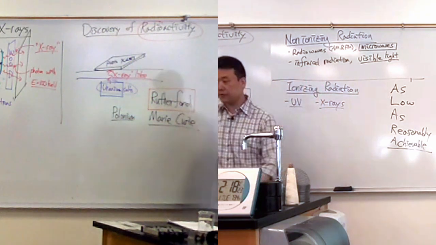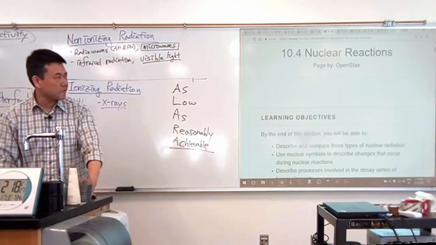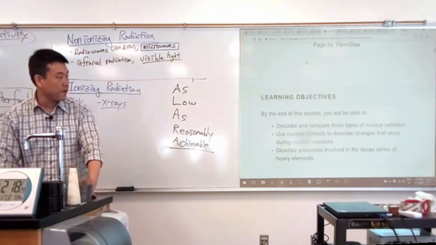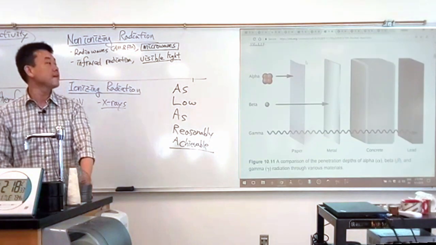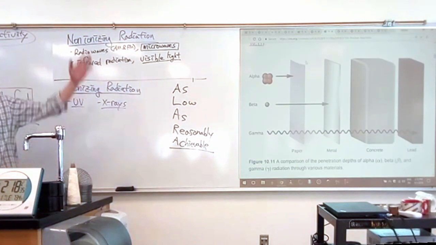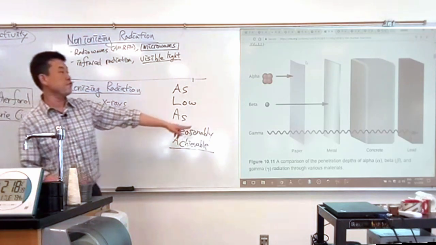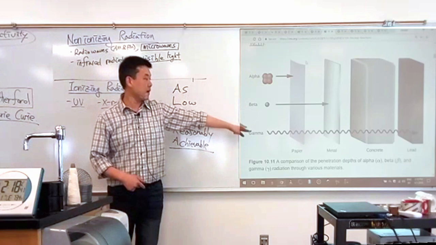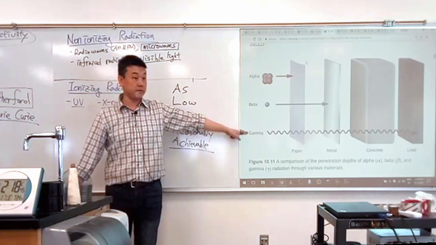It's something to be careful with if you ever work with them. Your textbook chapter 10, section 4 lists all three types. And this is a very handy graphic that, in one picture, shows you the properties of these three components that are emanating from radioactive elements.